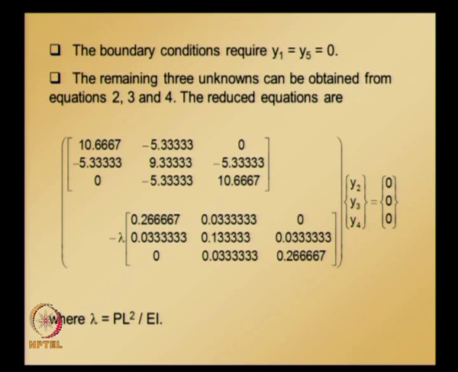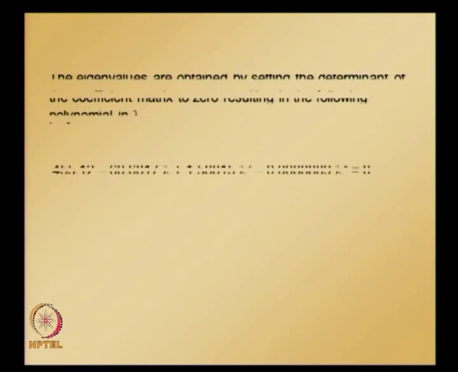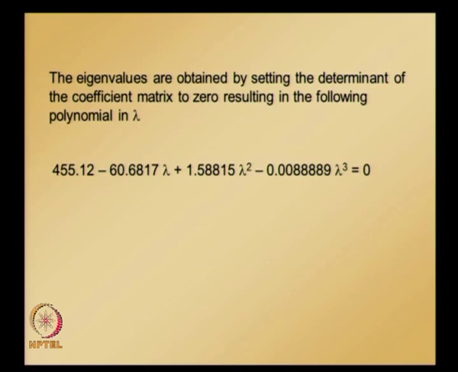we get the eigenvalues. Eigenvalues are obtained by setting determinant of coefficient matrix to 0, resulting in the following polynomial. Because the equation system is 3 by 3, we are going to get a polynomial of order 3 and which has 3 roots.